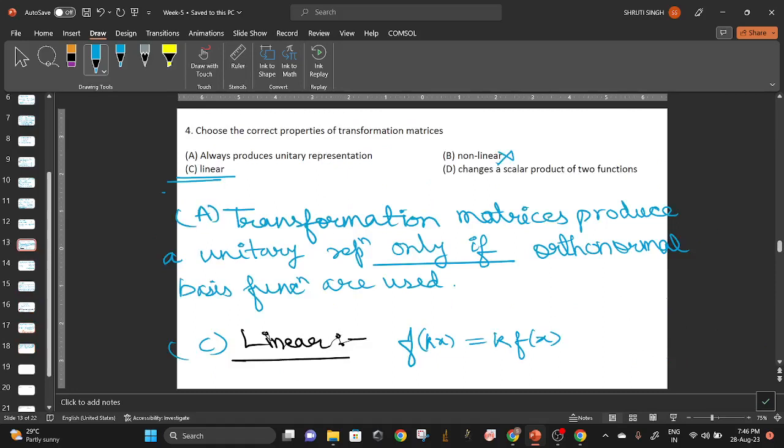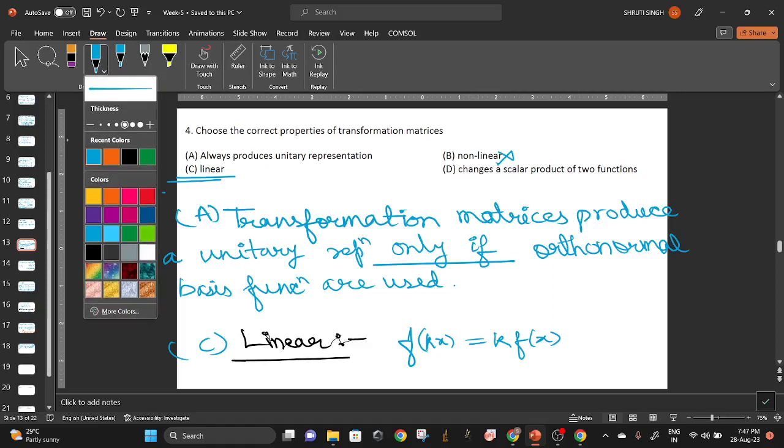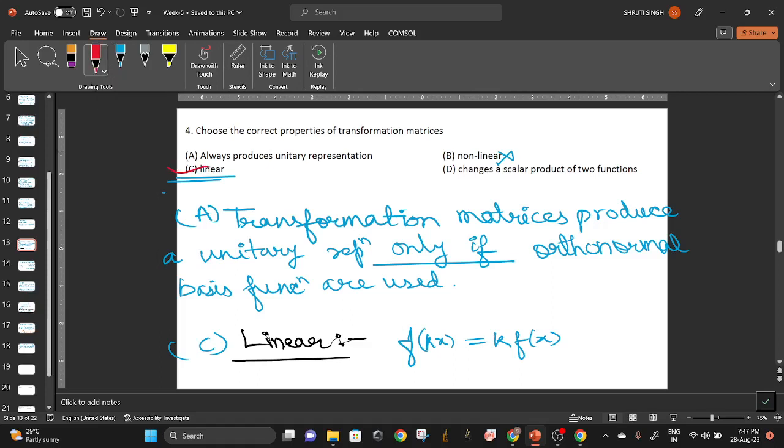So for this question, the answer should be C. This is the correct one.